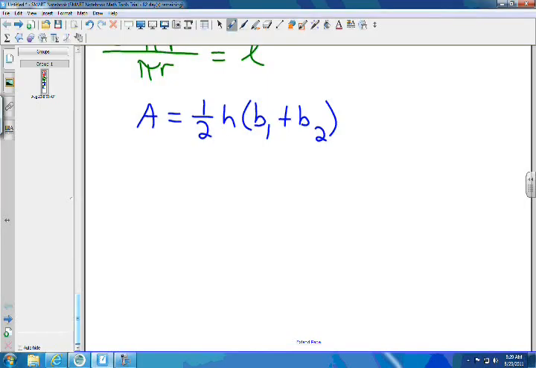And they want us to solve for H. So get H by itself. So what operation is going on here? The multiplication, what about here between this? Multiplication. So everything's going to have to be divided.